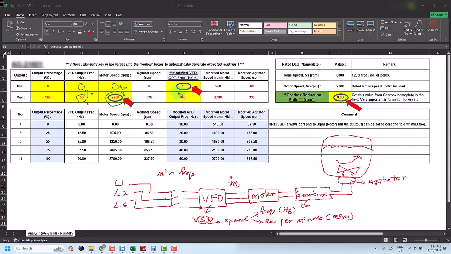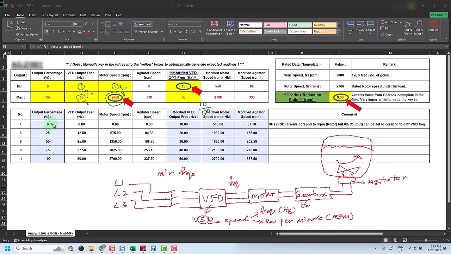So if we set the 10 Hz modified frequency, what you will get is 10 divided by 50 multiplied by 2700, then you will get about 540 RPM. This 540 RPM is this value, which corresponds to 10 Hertz here.